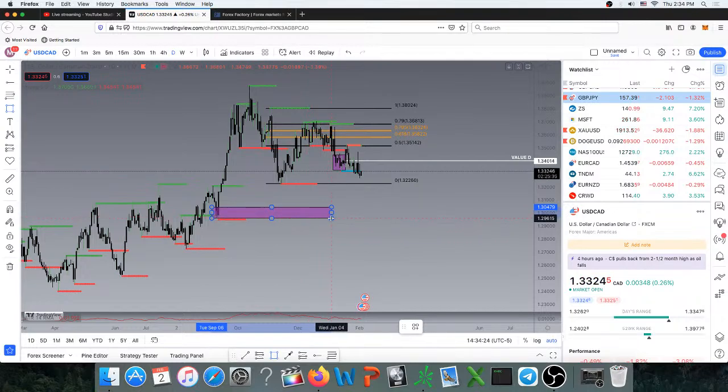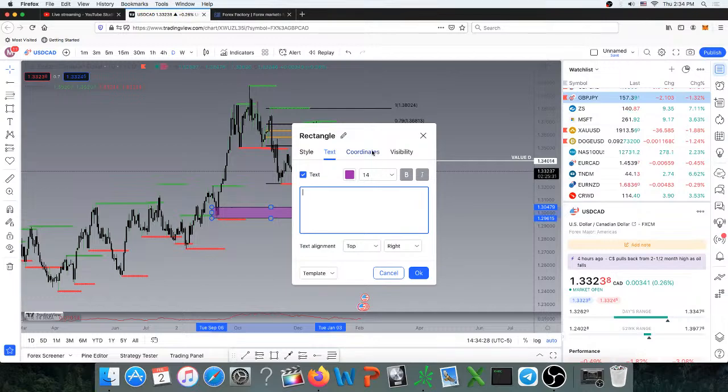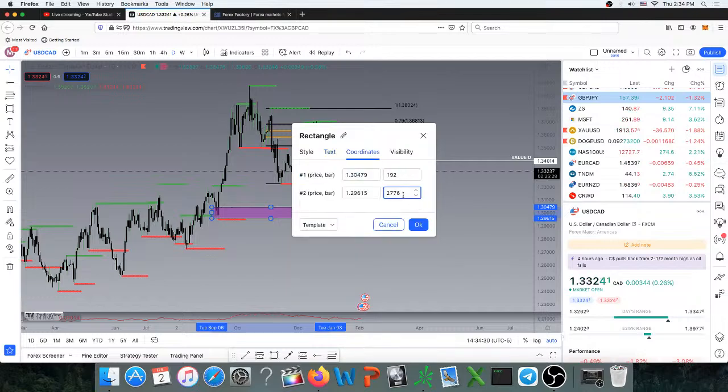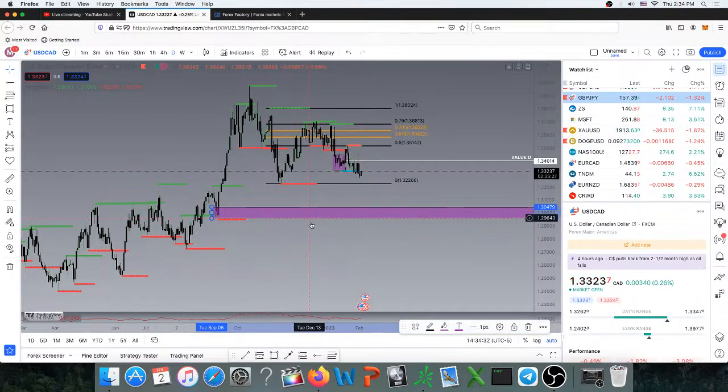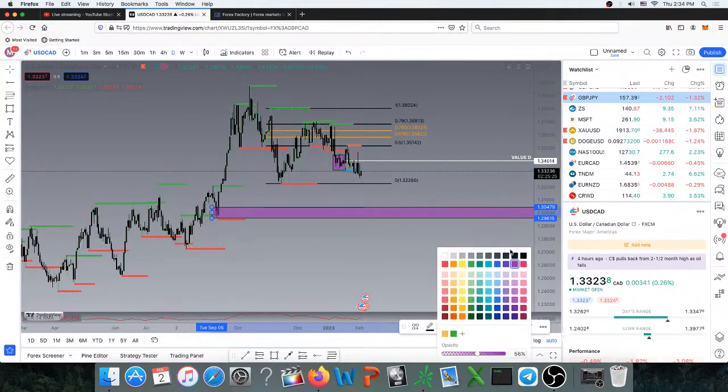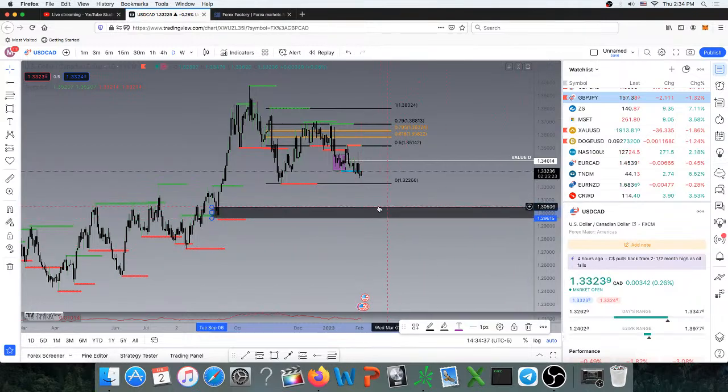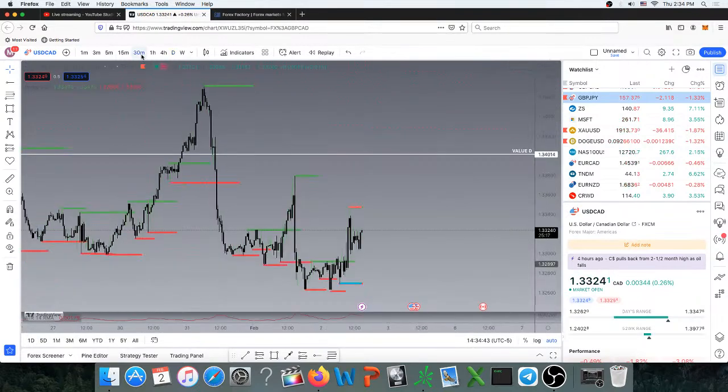Here's our IOC right here. So I'm pretty bearish down to this area right here. Look for some entries.